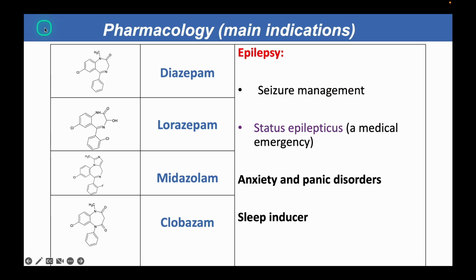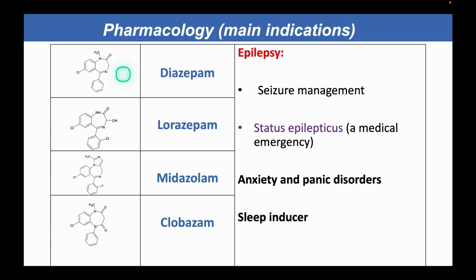The 4 drugs are indicated in the treatment of various types of epilepsy, notably status epilepticus, a medical emergency for which they are used, more frequently midazolam, diazepam, and lorazepam.